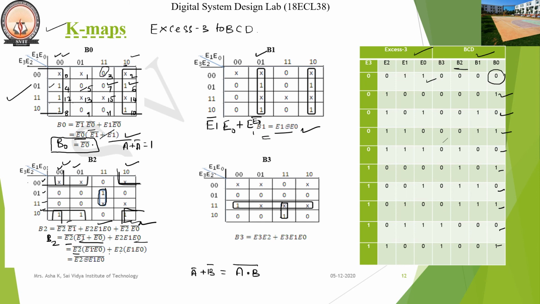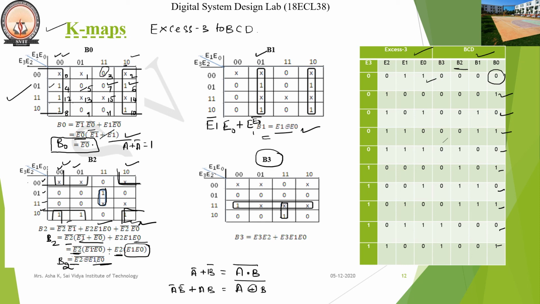This is similar to the expression A dash B dash plus AB, which can be written as A XOR B whole complement. If we observe here, this term is A and this whole term is B. So this is A dash and this whole term is B dash, and here it is A and this whole term is B. After simplifying, we get E2 XOR with E1 E0 whole complement. This is the expression for B2.